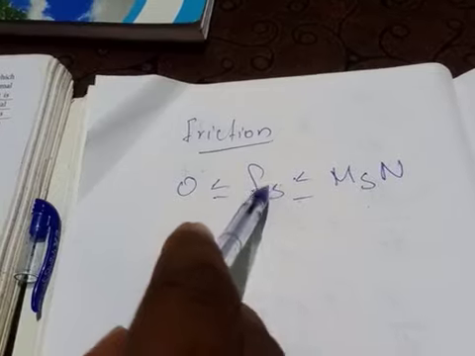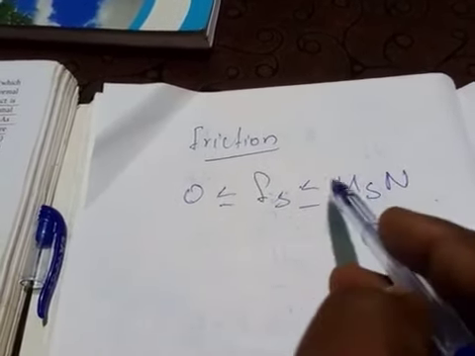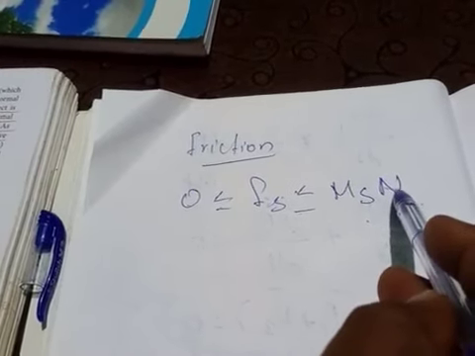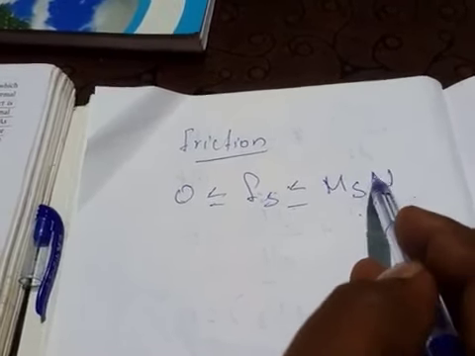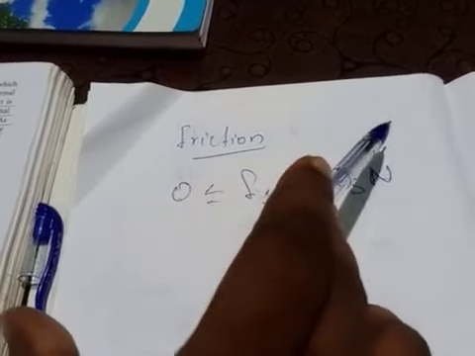So the static friction will be greater than or equal to 0, but it is less than or equal to mu s times the normal force. That is what I said. When you are increasing the external force, the object starts to slide.